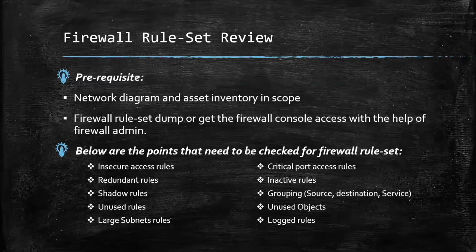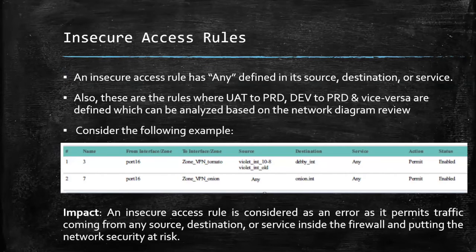The first is related to insecure access rules. To know whether a rule is insecure or not, the first major point to check is whether, in any column related to source, destination, or service, there is any keyword or setting that provides access to everything, meaning each and every source in the network can access that particular service.